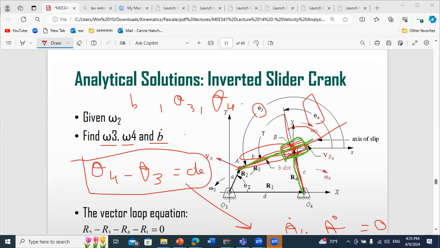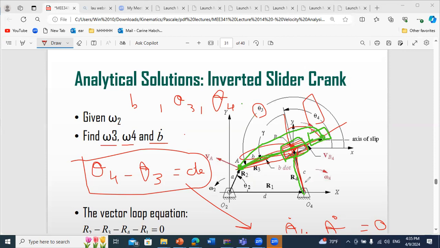Because of this motion, as the block is sliding, the length of this link will be variable. If I take a new position, if the block is here now, then your coupler length is from this point to this one. So this distance is changing.